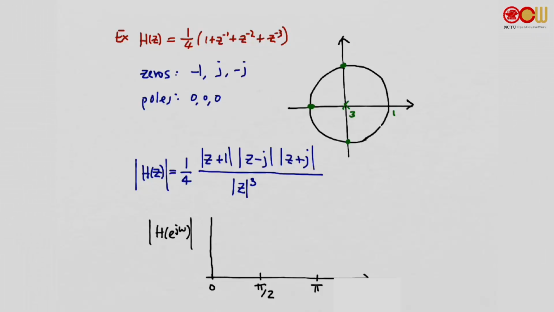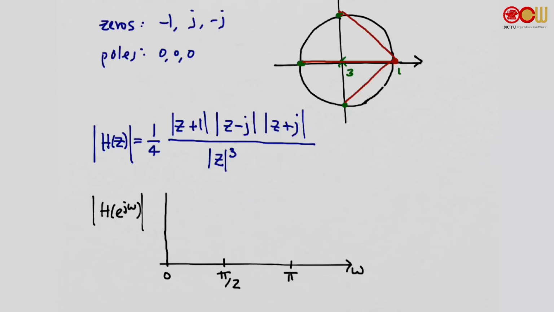So now if we want to know the magnitude at the DC frequency, we would compute the distance to all the zeros. This is the distance, this is the distance, and this is the distance.